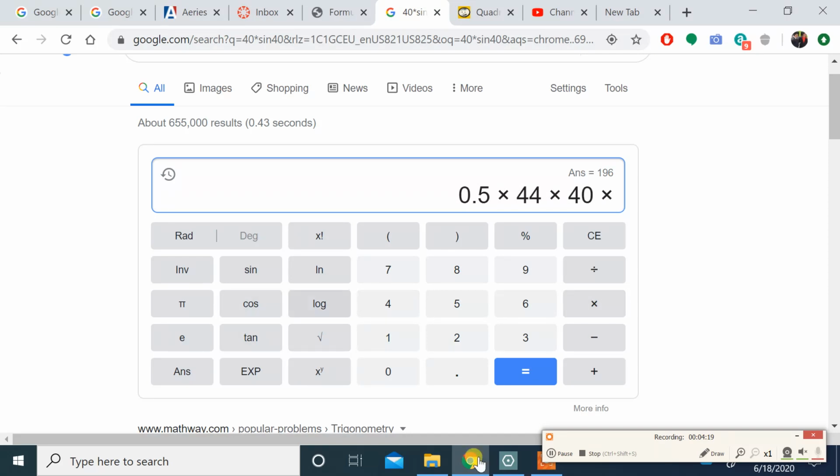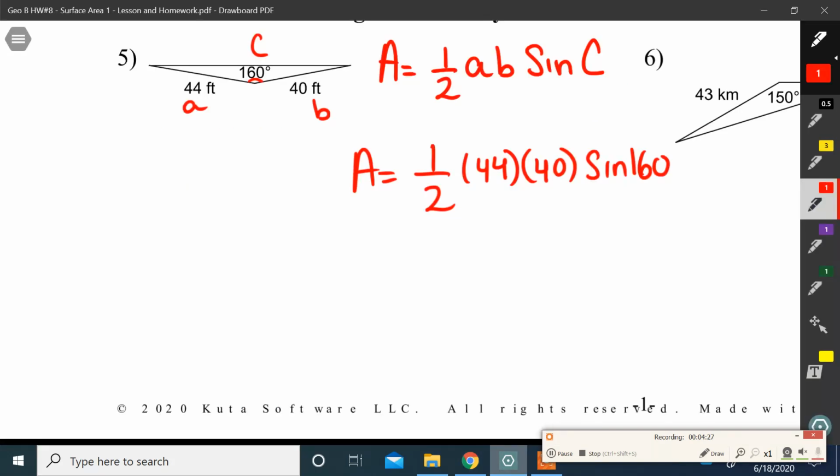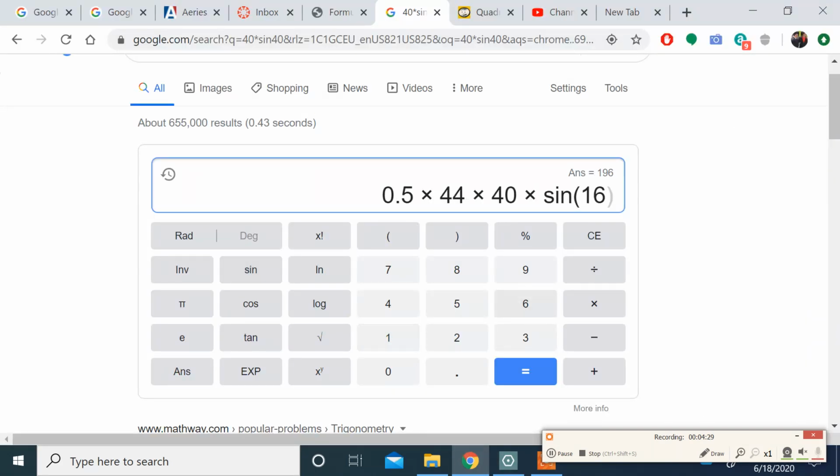It's spelled like sin, but it's sine. Sine 160. You press enter and you get 193. Did I do this right?